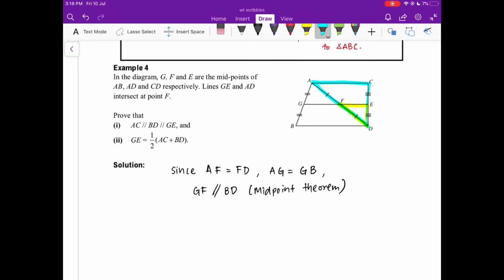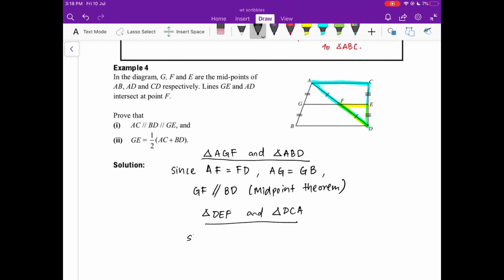Same thing as triangle AGF and triangle ABD, this is triangle DEF and triangle DCA. Since we know that DE equals EC and DF equals FA, by the midpoint theorem, we know that the length FE is parallel to the length AC.